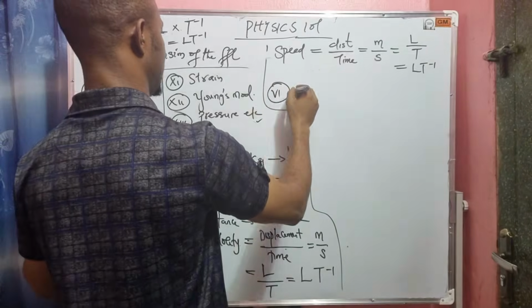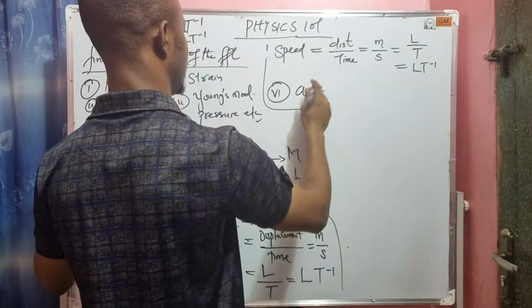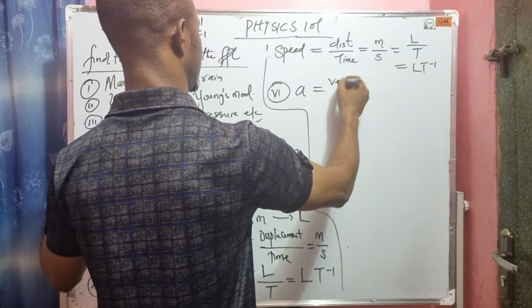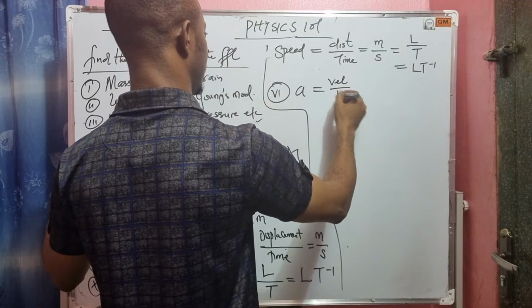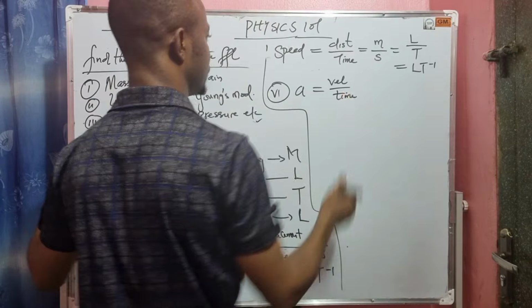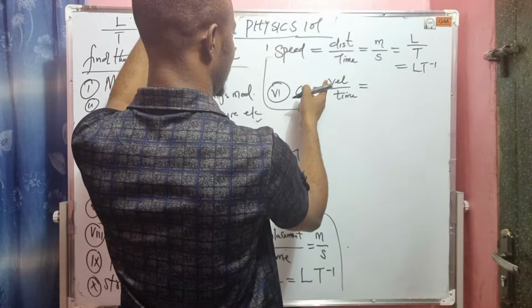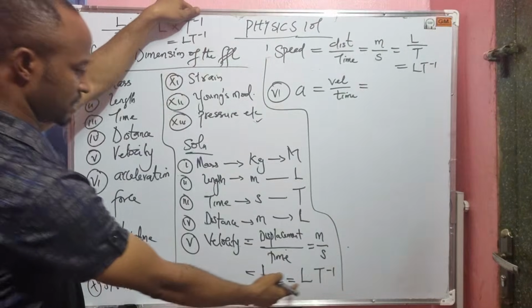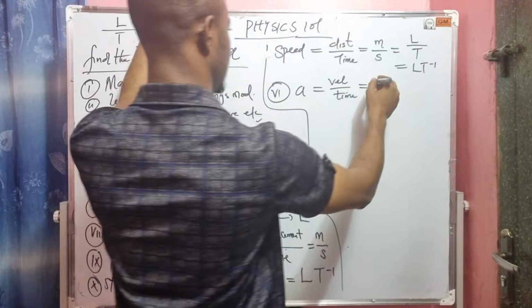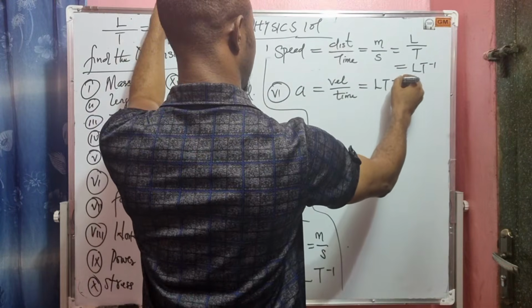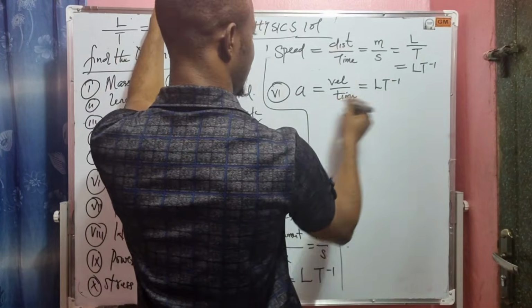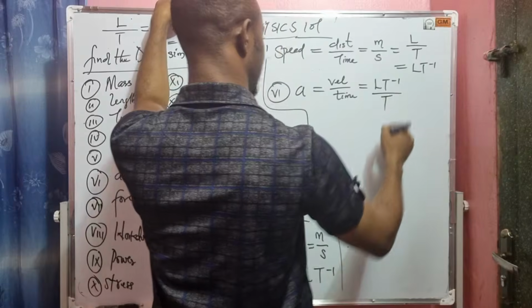Number 6. Acceleration is simply velocity over time. The dimension of velocity we have already solved is LT^-1, right? Then time is capital letter T. Don't forget.